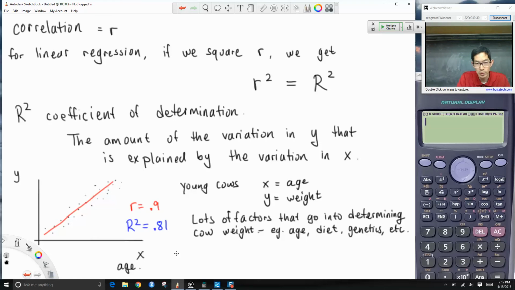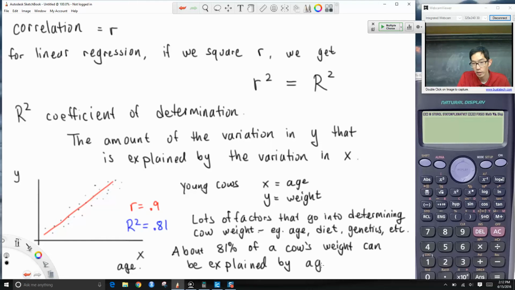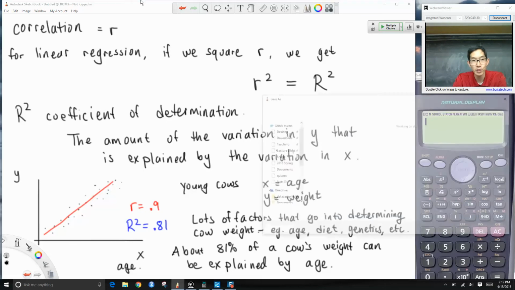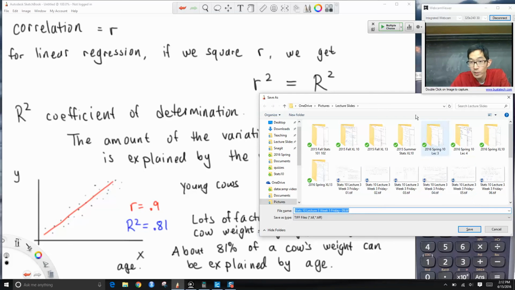We're saying about 81% of a cow's weight can be explained by age. So this is the concept of the coefficient of determination.